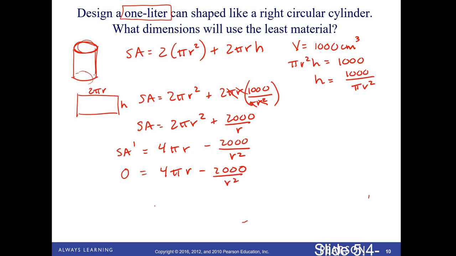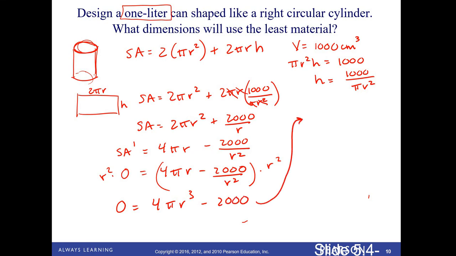I'm going to multiply both sides by r squared. So I will have 0 equals, just to make it easier to solve, 4 pi r cubed minus 2,000.